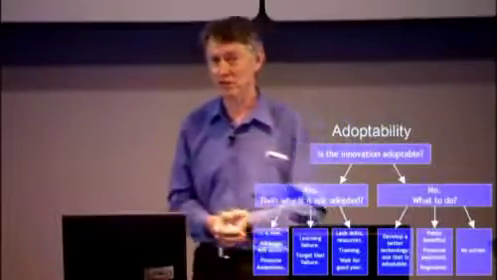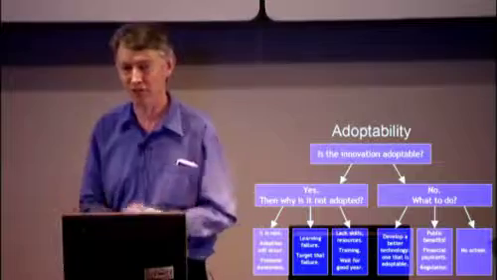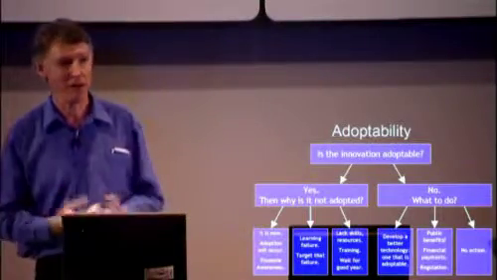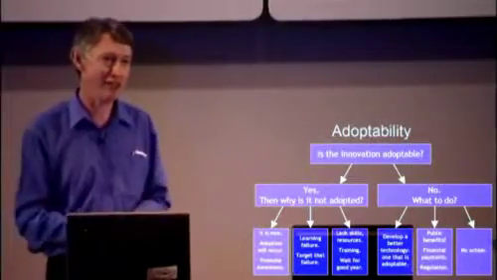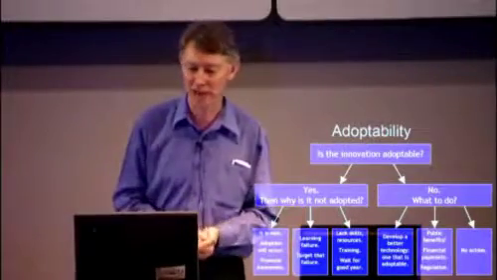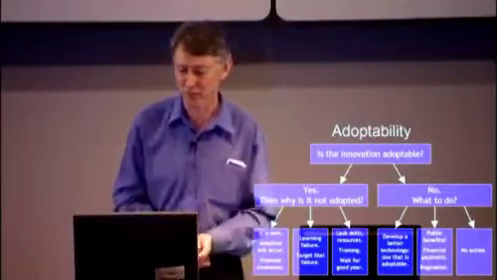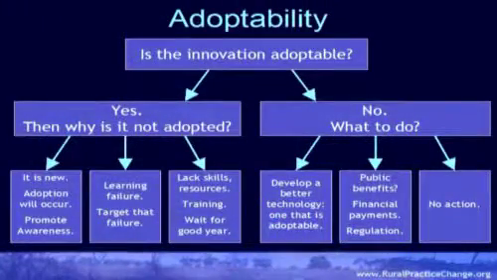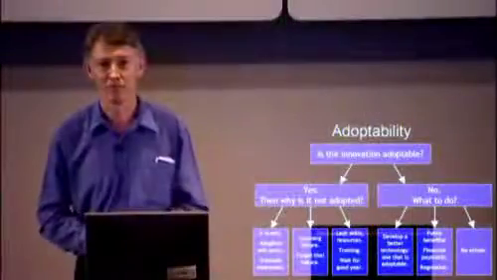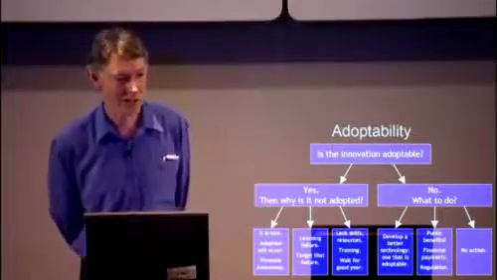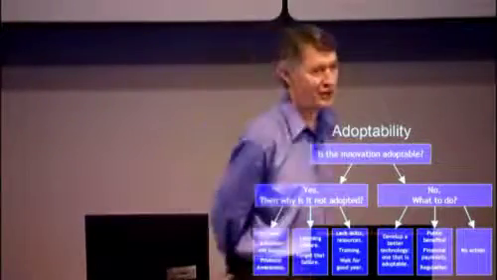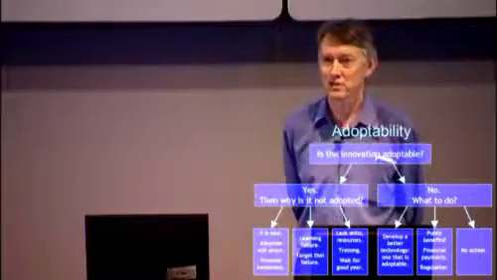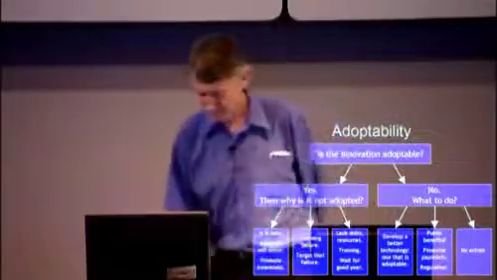So that's the strategy of the Future Farm Industry CRC, who identified that for the sorts of issues they're dealing with, the practices just aren't out there, and their job is to go away and try and create some new ones that are adoptable and are sustainable. Or you could look at, well, are there public benefits to justify some financial payments or a regulatory approach? Or is the best response simply no action? Maybe we're better off, maybe it's so intractable or the practices are so unattractive that it's simply better to put your effort into other issues.